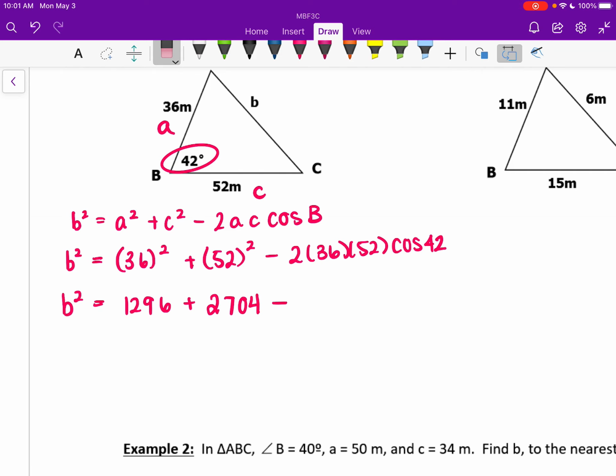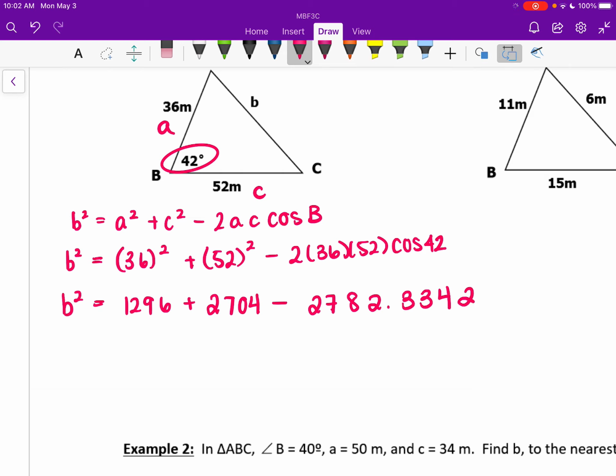So 2 times 36, 52, times cosine 42, right? And when you multiply all that, it adds up to 2782.33, and I like to leave it at 4 decimal places, right?